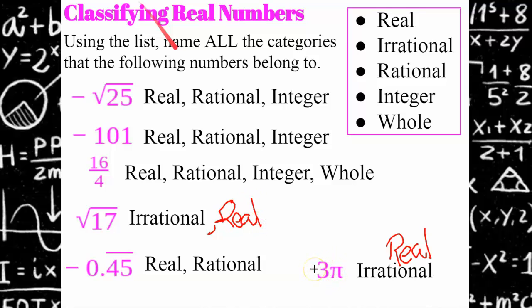Pi multiplied by any value, pi divided by any value, pi added to any value, they're all irrational. Any operation at all done to pi is going to result in an irrational number. And it's also real. Thank you for joining me today.